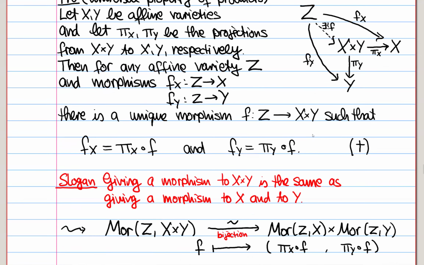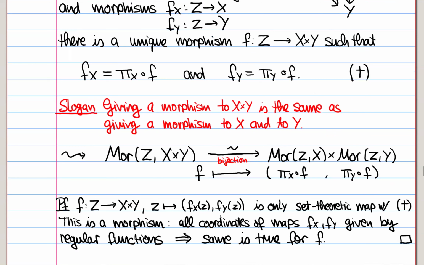And so the only candidate for this unique morphism is exactly this map here. And then the claim is this is a morphism because, of course, the first n coordinates are given by the coordinates of f_X, and these are regular functions. And the same argument applies for the last m coordinates. And that was our criterion: it's a set-theoretic map to the right target whose components are regular functions. So it is indeed a morphism, and it's the unique one by the first part. Okay, so the proof was actually not so difficult, but this statement will come in handy.